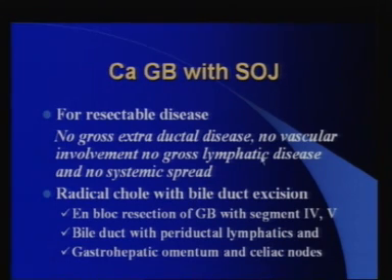In an odd patient where it is possible, one should go in for a radical cholecystectomy, which will include an en bloc resection of the gallbladder with segments 4 and 5, complete excision of the bile duct with periductal lymphatics, and removal of the gastrohepatic omentum and celiac nodes. If all this is possible, then it's a good chance for the patient, and the Japanese work has shown that this has some role to play, but only very few patients would be eligible for a radical cholecystectomy in the setting of CA gallbladder with obstructive jaundice.